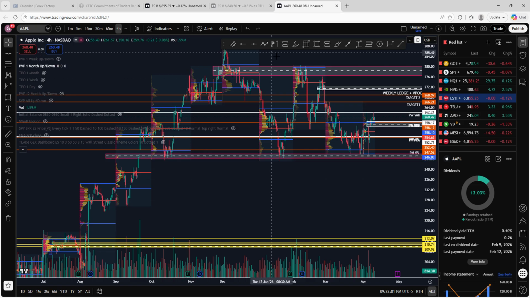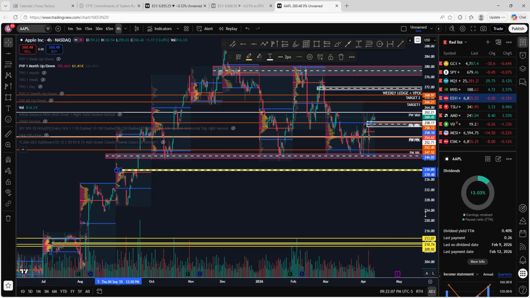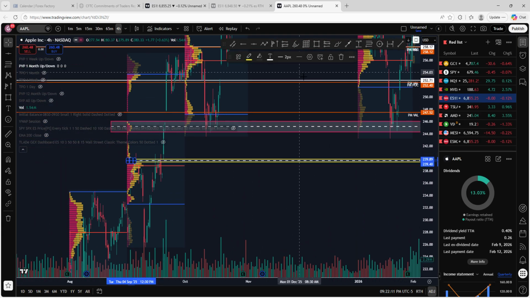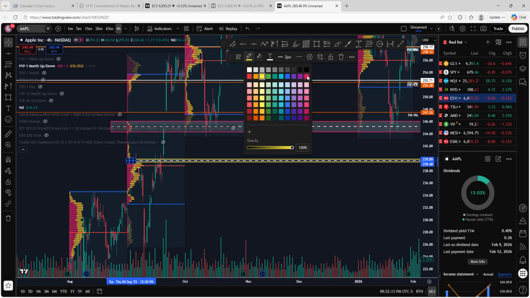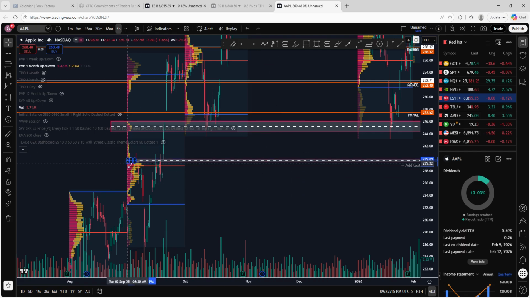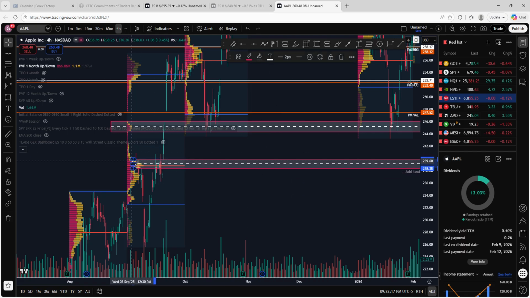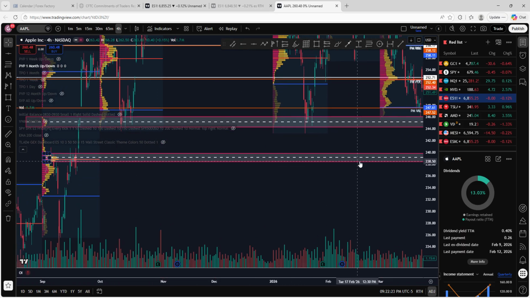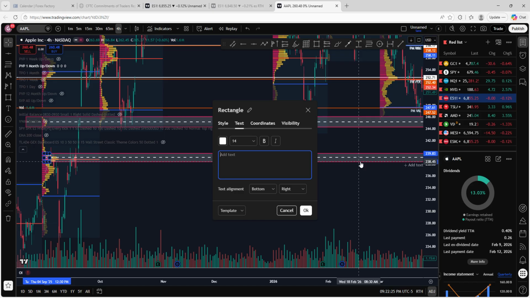You've got a monthly VPOC sitting here. So let me just do this here. Right here. Monthly ledge VPOC.